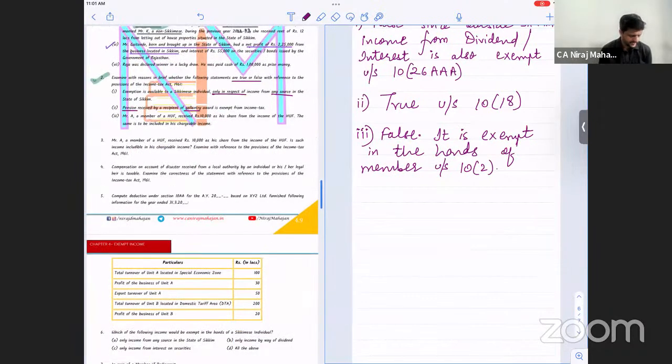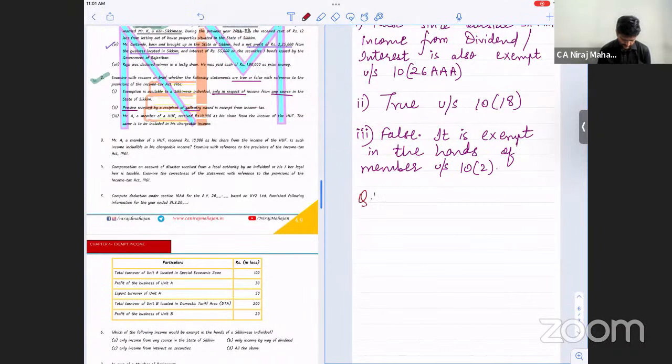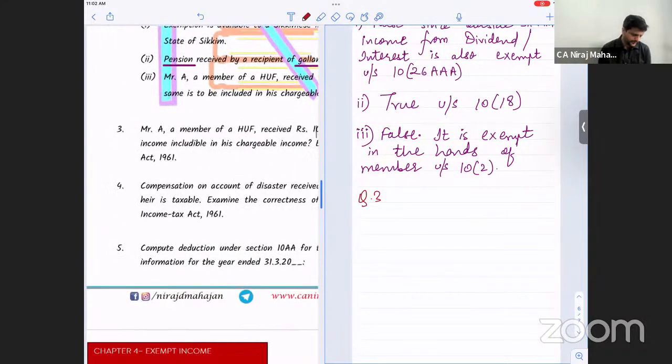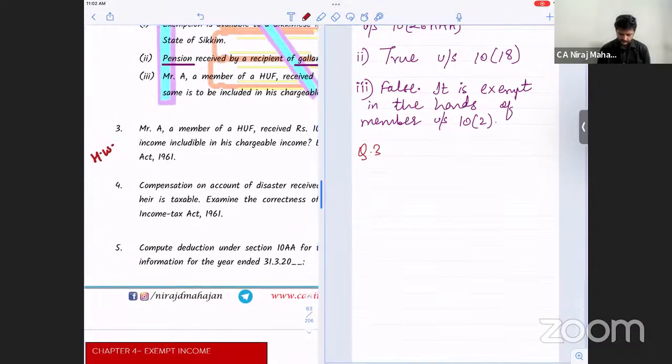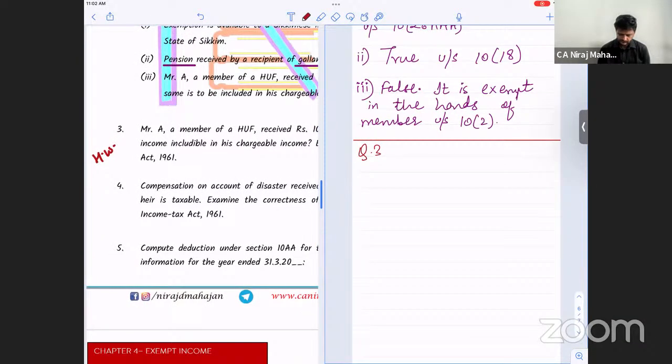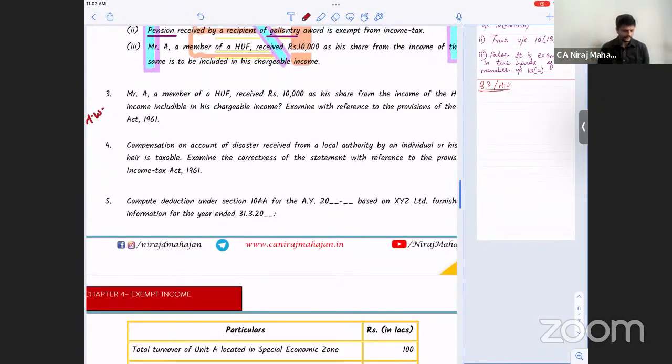Question number 3 is time pass. This you can write on your own also, bachu. Same answer. Mr. A, a member of HUF, received 10,000 as his share.